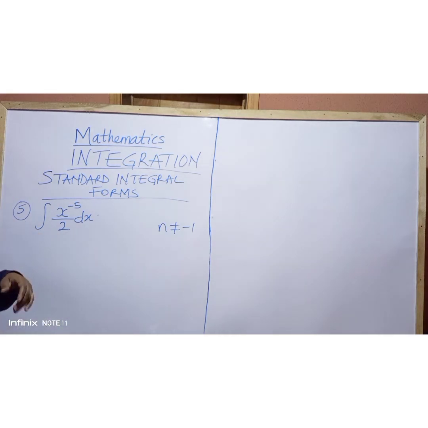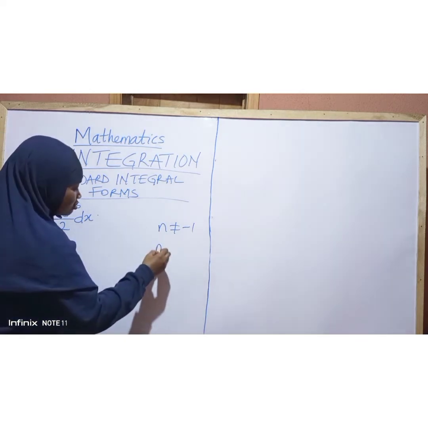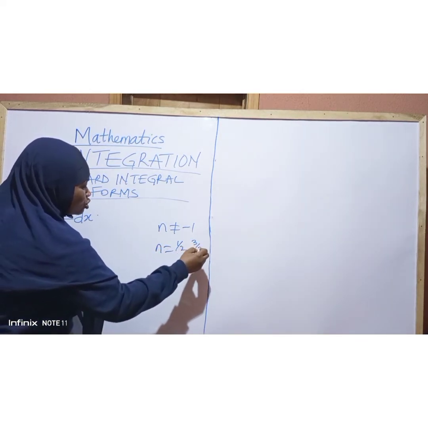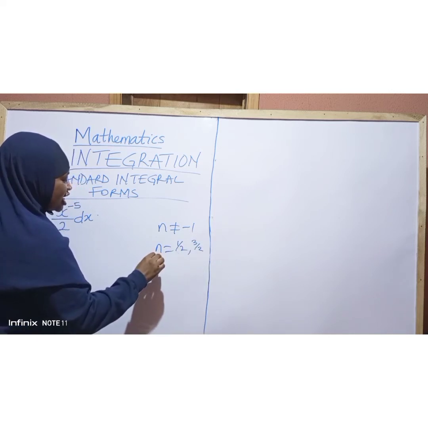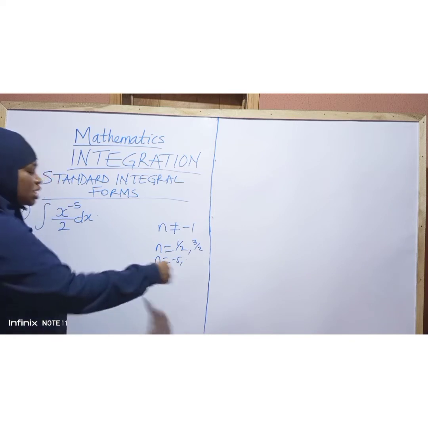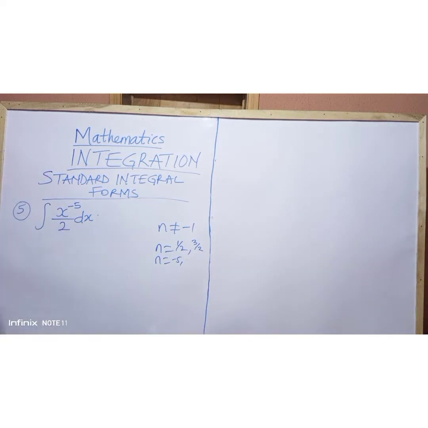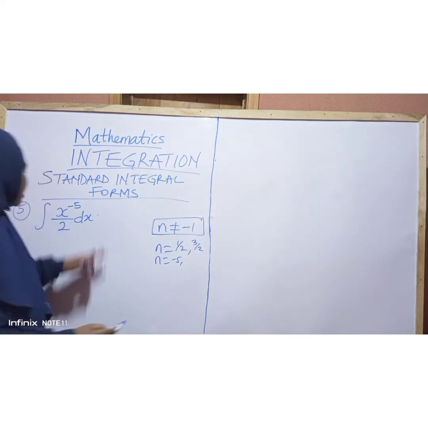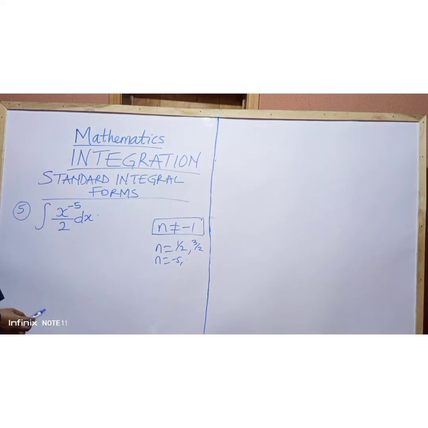It could be a negative fraction. Your n can be a fraction, 1 over 2, 3 over 2, anything. Then could be minus 5, minus 6, and so on. Any positive number, any negative number, except minus 1. So back to what we are integrating.